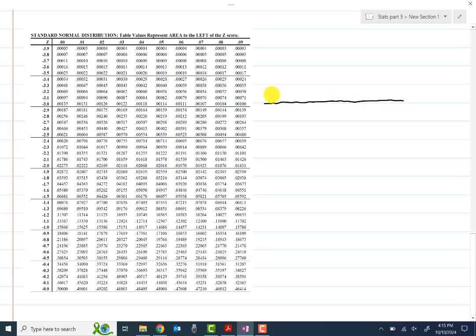So what they're doing here is the following. So if you look up a negative number over here, what this table is going to give you is the area of the piece from negative infinity up to that particular value.